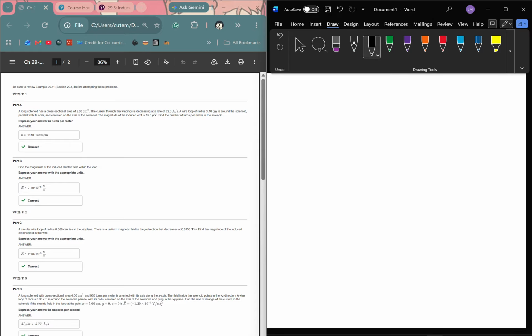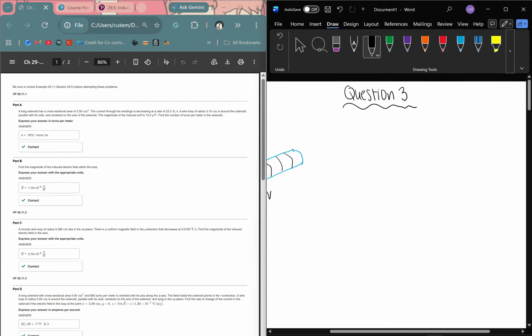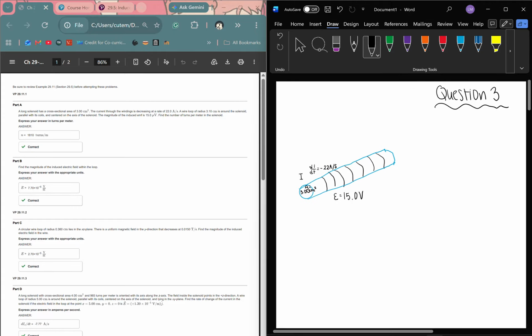Okay, let's start with the magnetic field equation. Let me explain this diagram real quick. The current in the solenoid is decreasing, and the changing current produces a changing magnetic field. According to Faraday's law, a changing magnetic field induces an electromotive force in the surrounding loop.